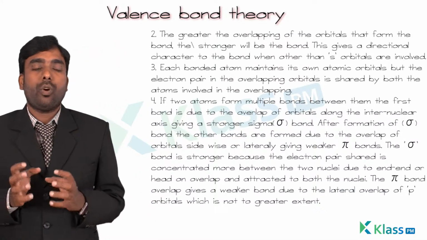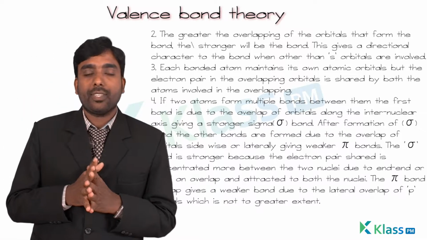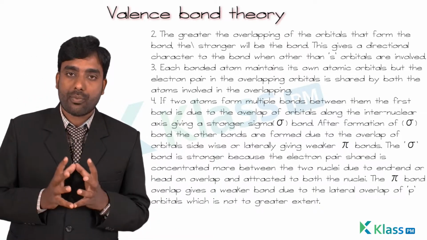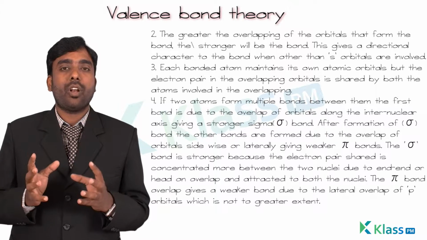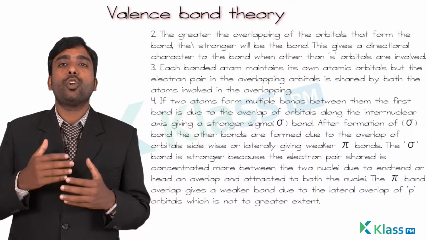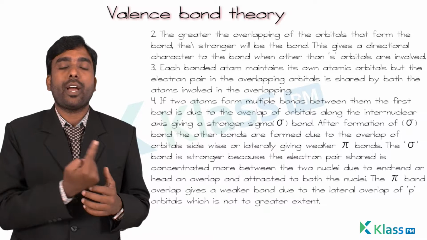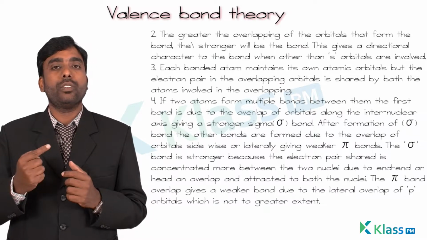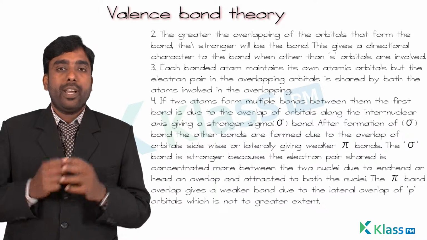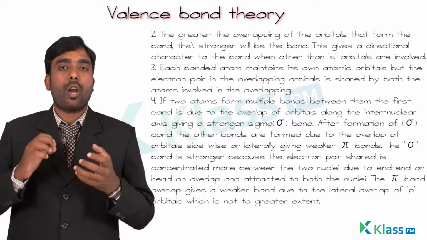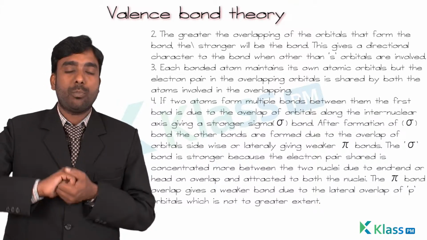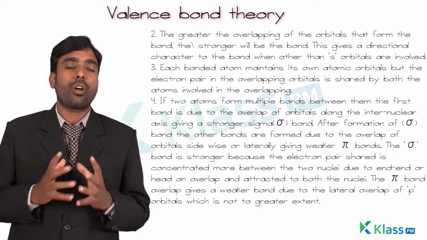Okay, so here we need to understand one thing: when multiple bonds are formed, the first bond is always formed through the end-to-end overlap, that is along the internuclear axis. Due to this, a sigma bond is formed. In the sigma bond formation, the orbitals overlap to the maximum extent. That's why it is a very strong bond.